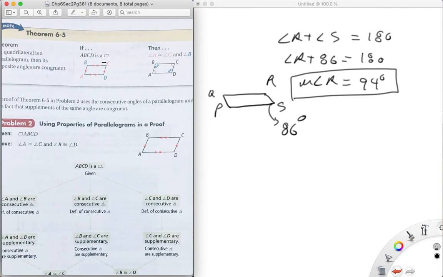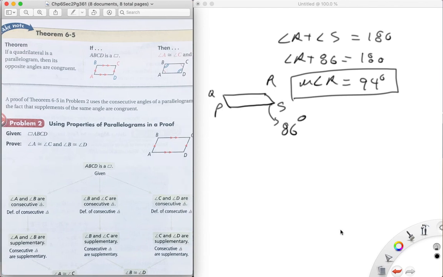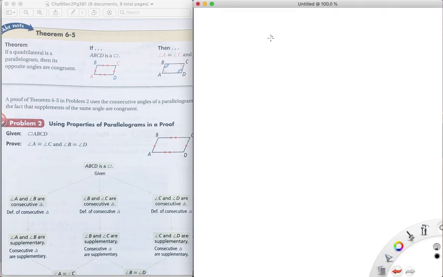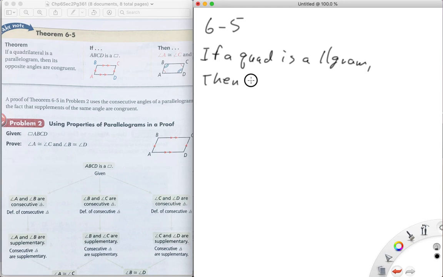So we talked about opposite angles as well. And in parallelograms, opposite angles have this special case too. And this is 6-5. A lot of theorems, but we're not having to prove them, so hallelujah. If a quadrilateral is a parallelogram, then its opposite angles are congruent.